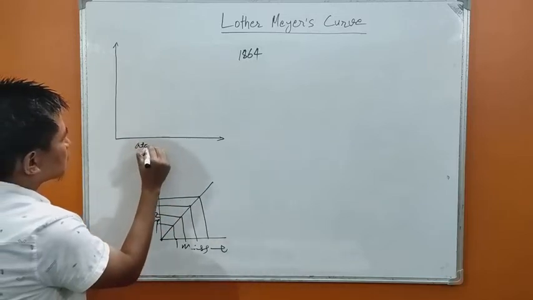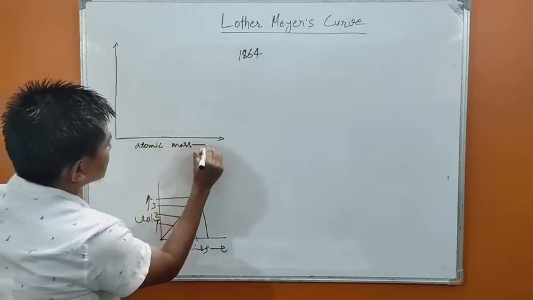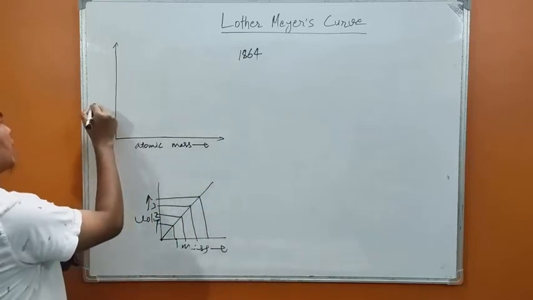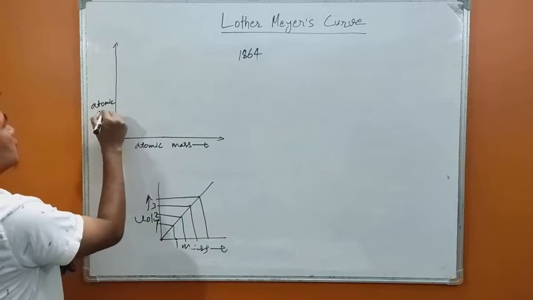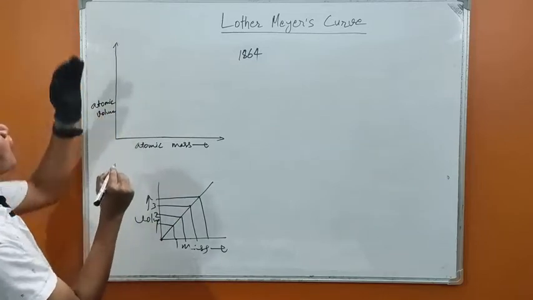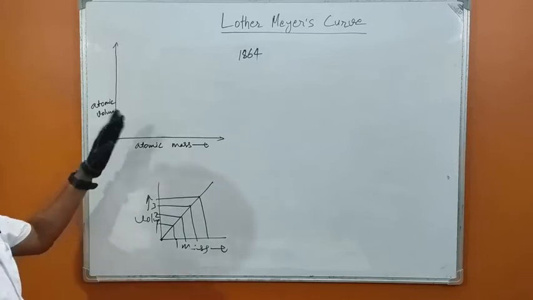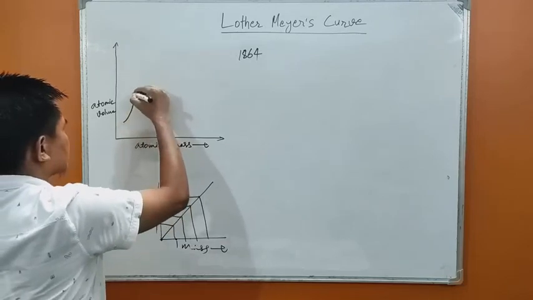Atomic mass was plotted on the x-axis, isn't it? If you move this side, atomic mass increases, and atomic volume on the y-axis, which means if you move upward, atomic volume increases. Now when he plotted atomic mass versus atomic volume, his curve looked like this.